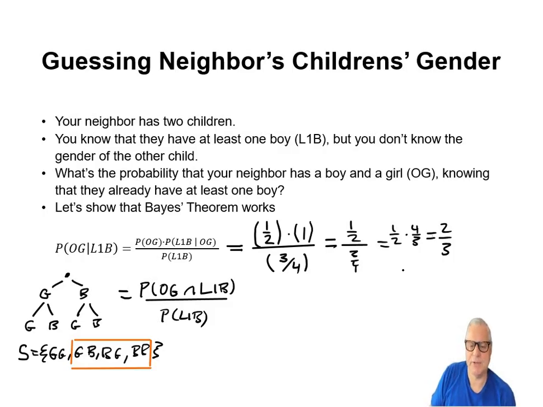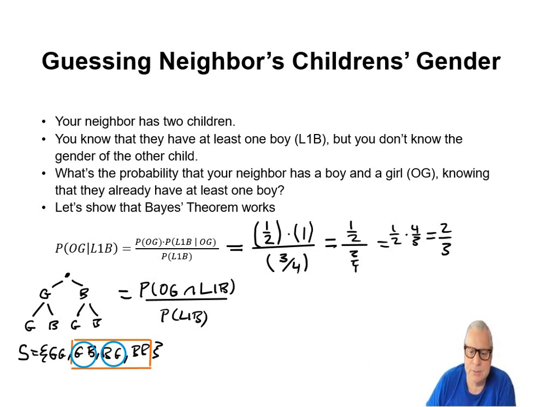Now we derived the numerator, which is 1/2, using Bayes' theorem, but we can also derive the numerator with this example here. What's the probability that there's at least one boy and the other one is a girl? Well, that is just girl boy and boy girl, so that's 2/4, so that's also 1/2.